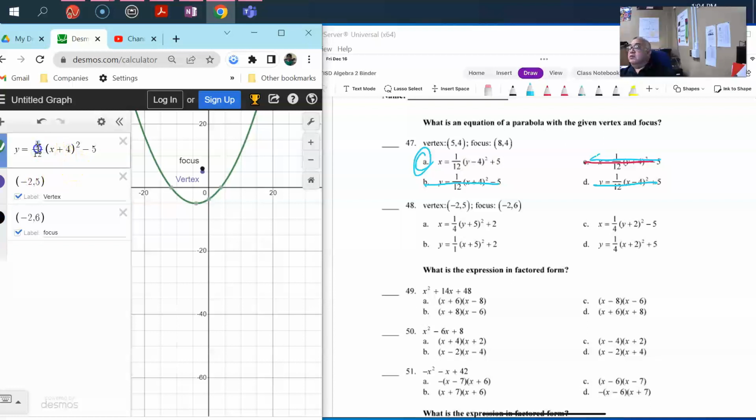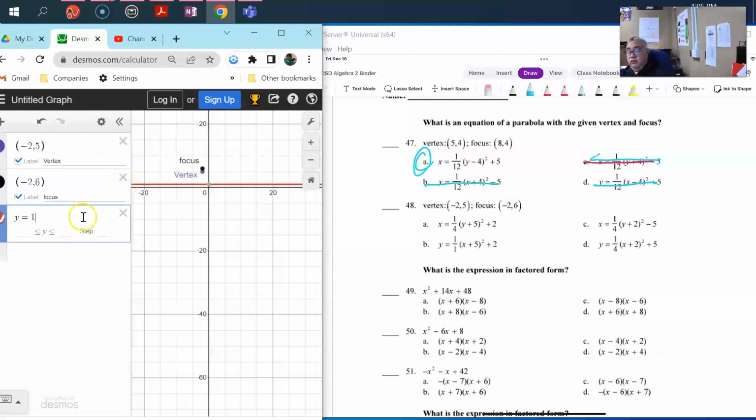We have 1 over 1, which is just 1. I don't know why they would have 1 over 1, but let's try that. X squared. That won't be it. Plus 5. So y equals 1/4 (x plus 2) squared plus 5. So that looks like that's going to be the answer, and that's D.